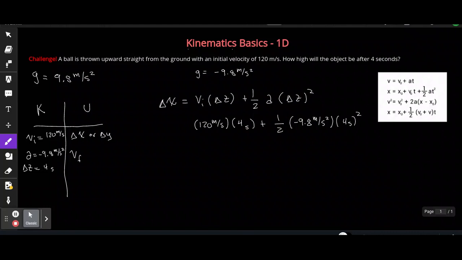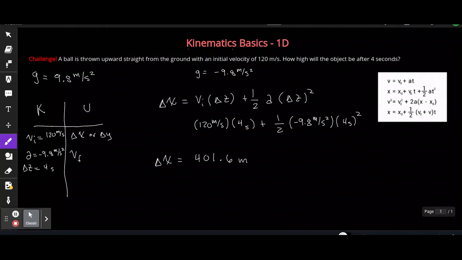Plugging this into our calculator, 120 times 4 is 480, plus 1/2 times negative 9.8 times 4 squared, which is 16, is going to give us a displacement of 401.6 meters.